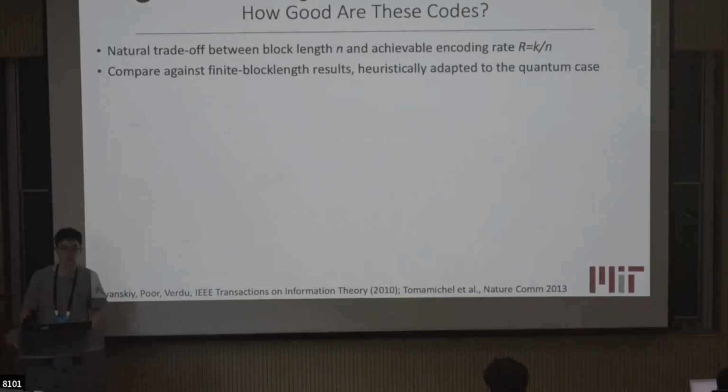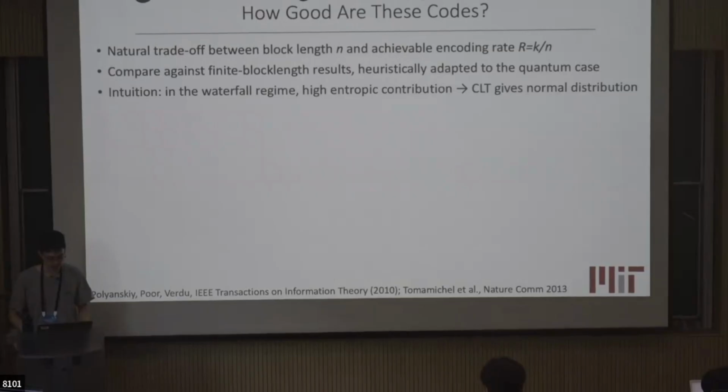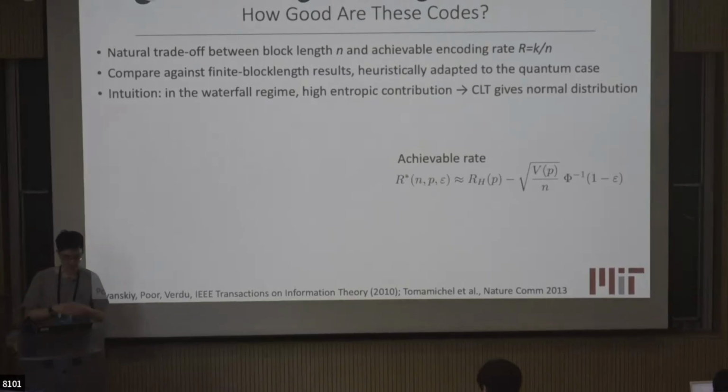If one looks at the classical coding theory literature, there's this pretty famous paper from Polyanskiy and others in which they obtained finite block length estimates for the achievable parameters and try to say, for a given block length and a given logical error rate, what rate can I actually achieve? And those actually on the classical coding side turn out to be surprisingly tight, even for a few hundred block lengths.